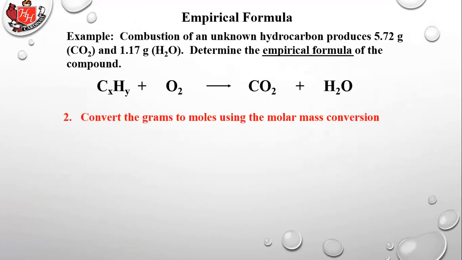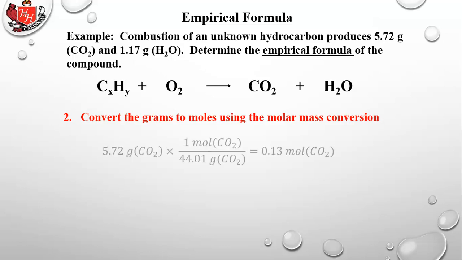So step 2, we convert grams to moles, just as we did in the last lesson. Anytime you're dealing with a chemical compound or a chemical reaction, you have to be in moles. Chemical reactions don't understand weight. They don't understand grams. So we're going to use the molar mass conversion. So for CO2, we have 5.72 grams, and we know that 1 mole is 44.01 grams.